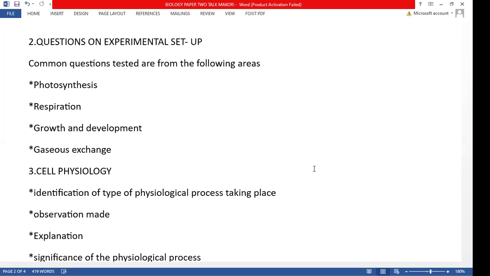Experiments on diffusion. The common one that we normally do involves iodine and starch. You take the iodine solution and place it within a visking tubing, then you immerse that visking tubing in a solution containing starch.